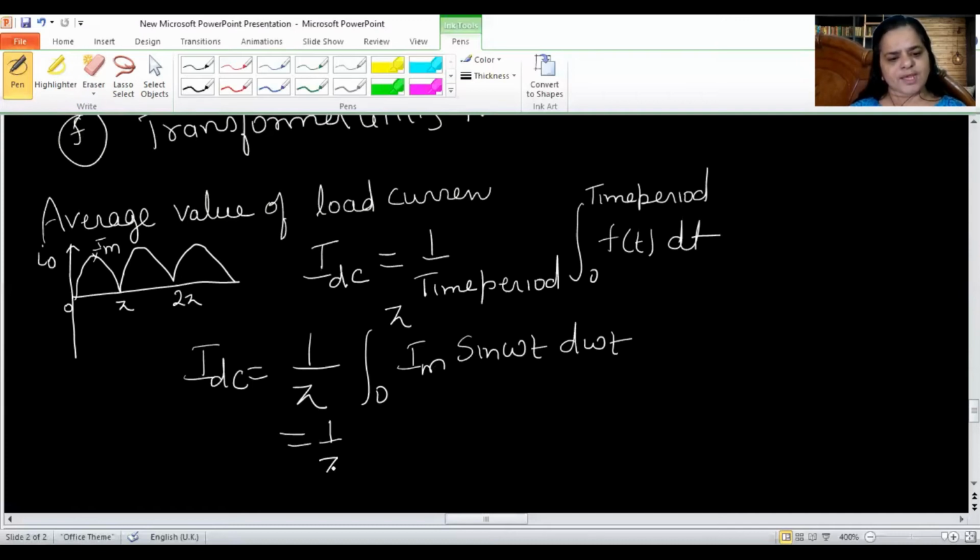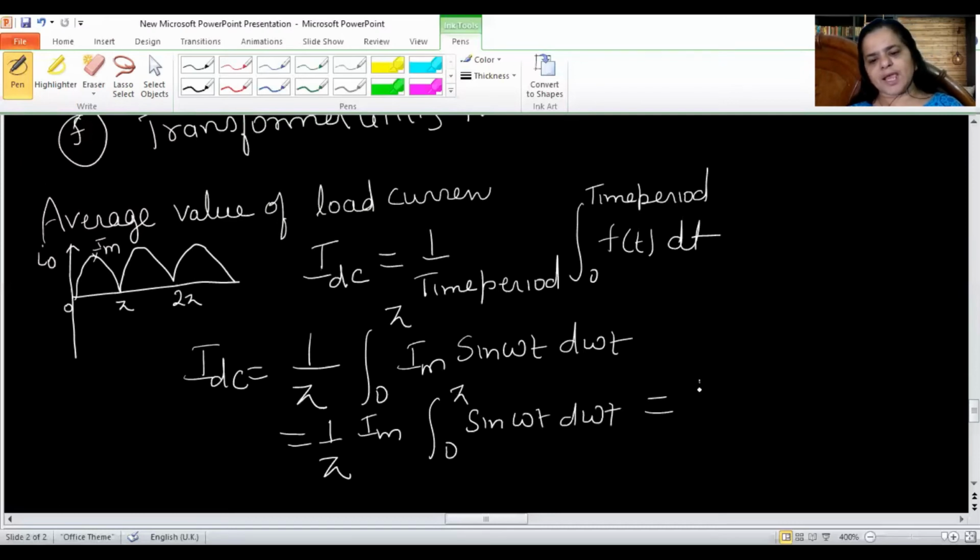Now, if I integrate it, Im I can take outside the integration, and it will be 0 to pi sine omega t d omega t. If I integrate it, I will get Im by pi, then the integration of sine omega t is minus cos omega t, and limits are from 0 to pi.